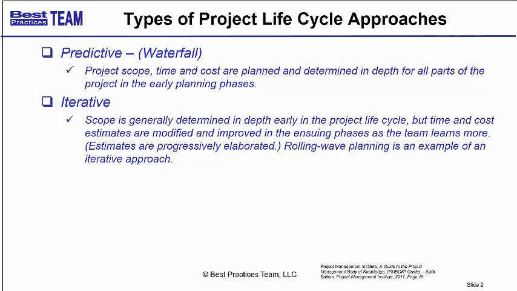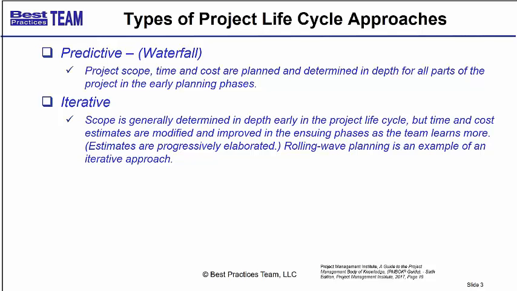We'll only have a high-level description of the product we're creating or the service we're creating. As we move into later phases, we'll build those out in more depth. We'll go into more detail. Therefore, we will get better estimates of time and cost as we move through the project. We will be progressively elaborating. This is an iterative approach.